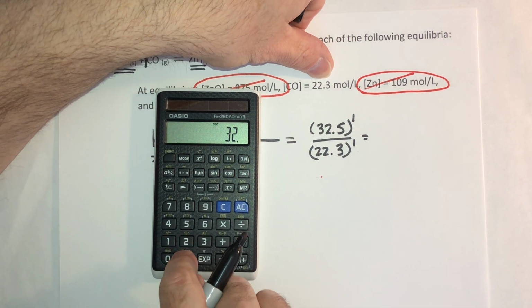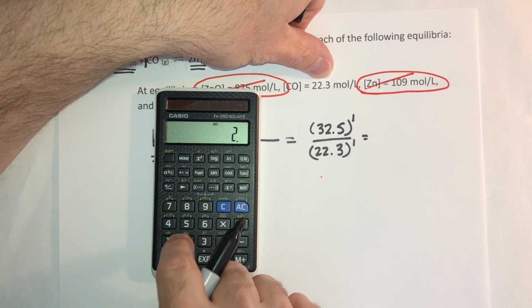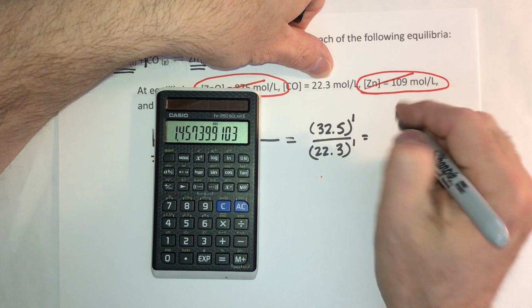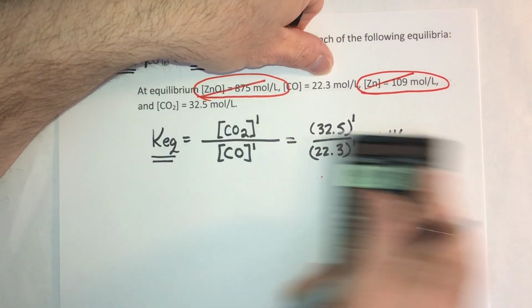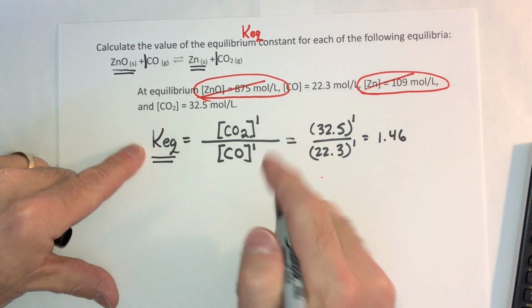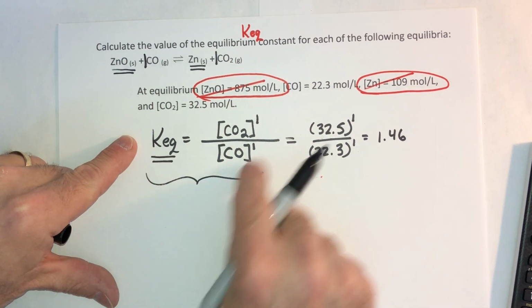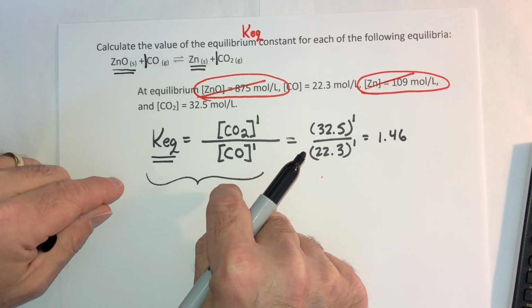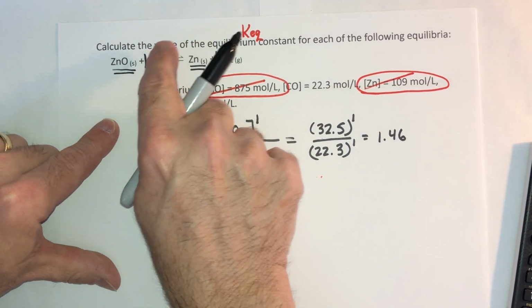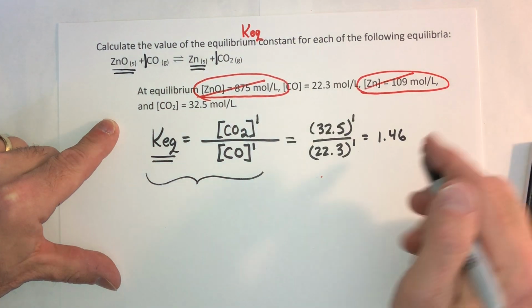So this is going to be 32.5 divided by 22.3, which gives me an answer of 1.46. And that's your equilibrium constant. This is your equilibrium expression, the equation used to calculate the equilibrium constant. But when the problem says, please find the value of the equilibrium constant, they want a number.